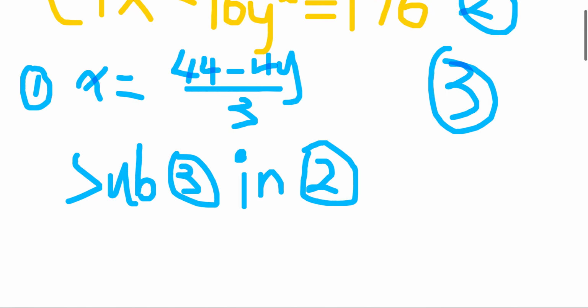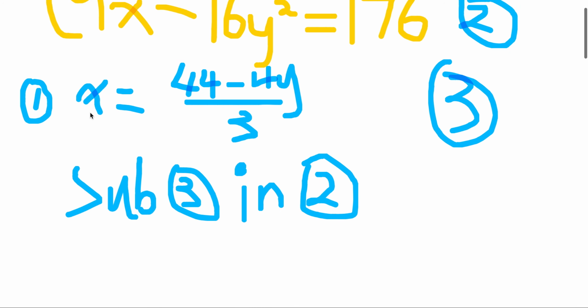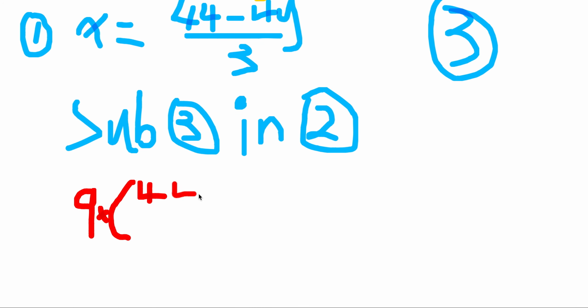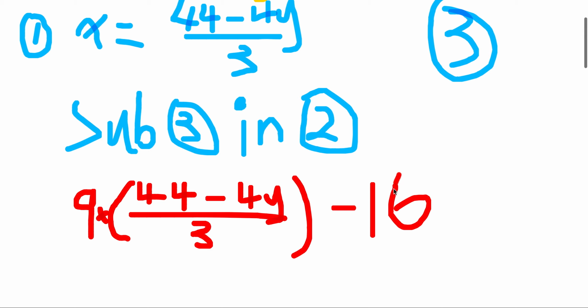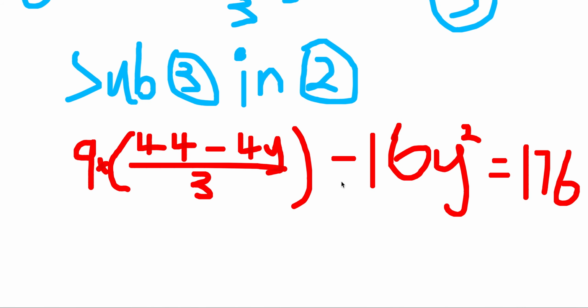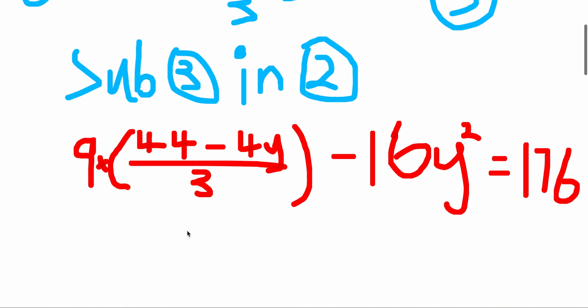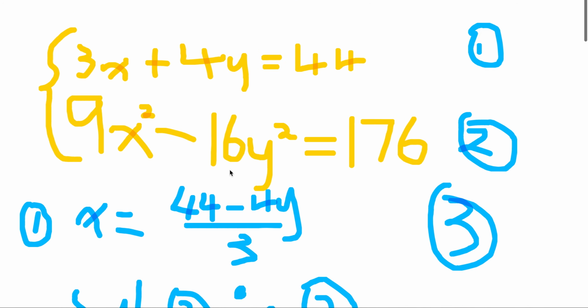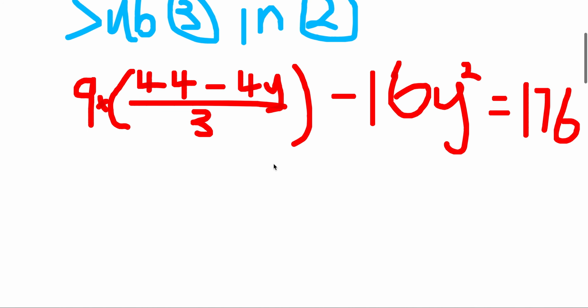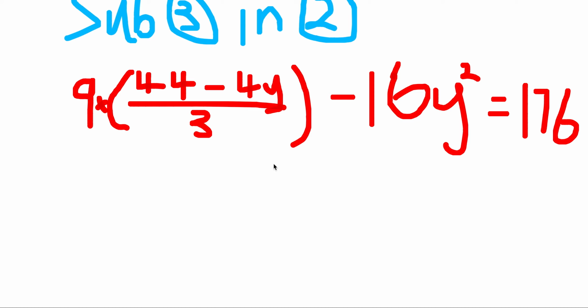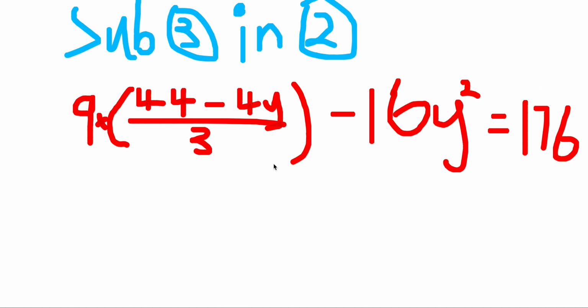I'll use a different color, red, to show that we moved on to the next phase. Okay, so I've written out the equation of what we would get if we substitute this entire thing into equation 2. Now this here is quite a beast.